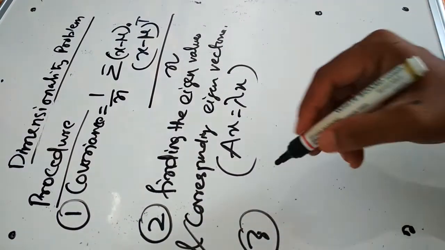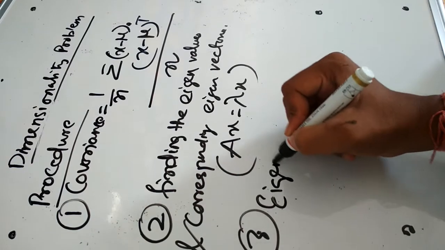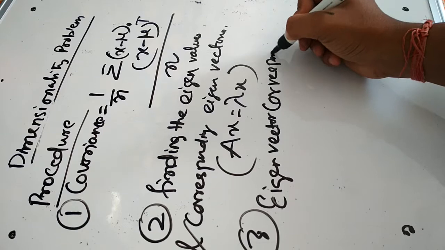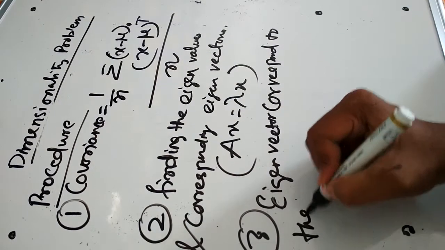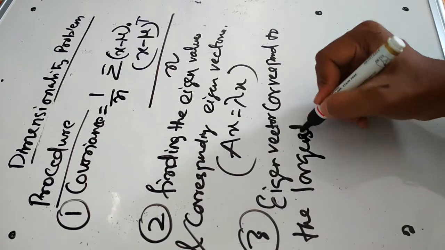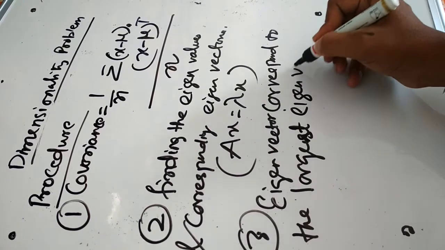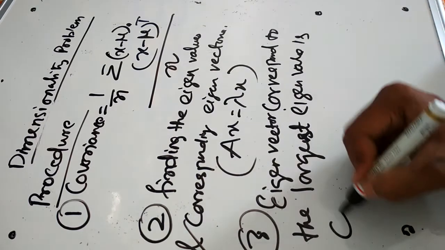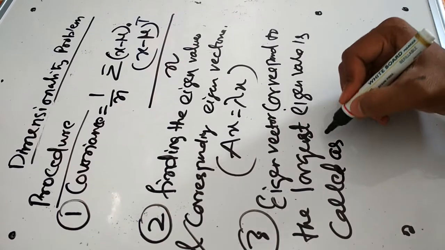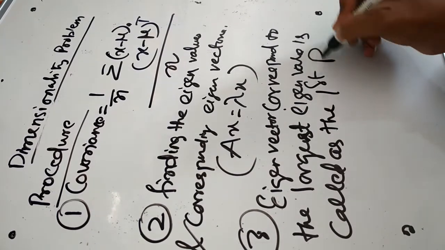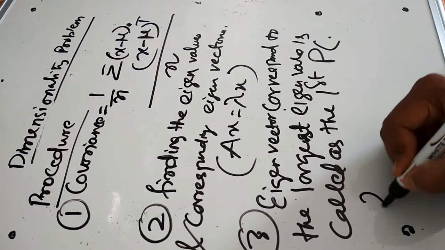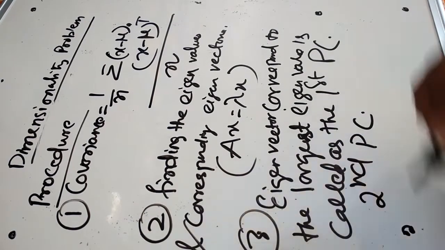The third is that the eigenvector corresponding to the largest eigenvalue is called the first principal component, and the eigenvector of the second, smaller eigenvalue is called the second principal component.